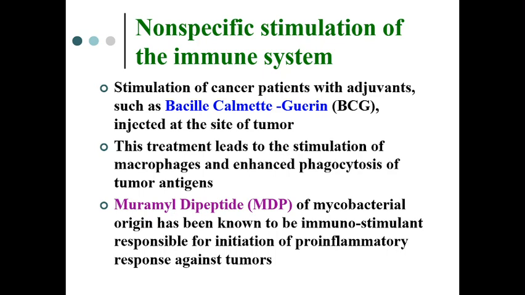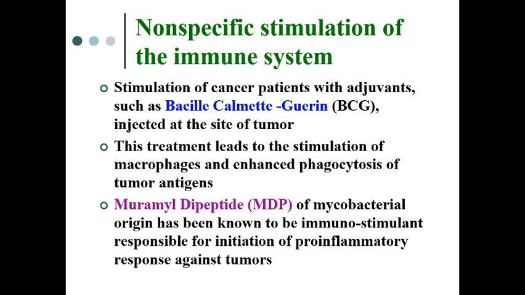Due to the presence of BCG in the tumor vicinity, it will induce the infiltration of the tumor site by a large number of phagocytes, especially the macrophages and the neutrophils.